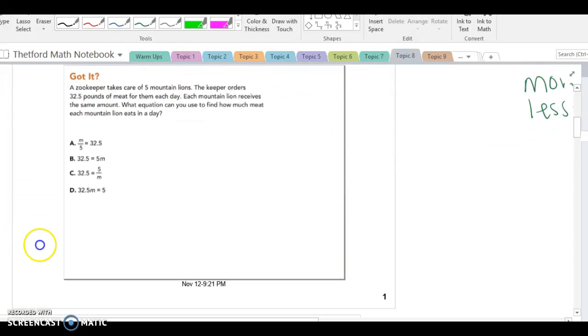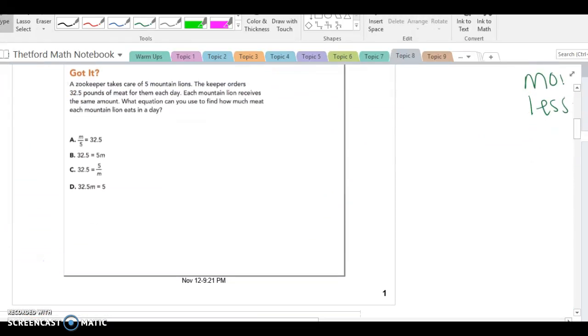All right, so let's go on to the next one. A zookeeper takes care of 5 mountain lions. The keeper orders 32.5 pounds of meat for each day. Each mountain lion receives the same amount, so we know that it's fair. Write an equation, or what equation, so we need to write one, can you use to find how much meat the mountain lion eats each day?